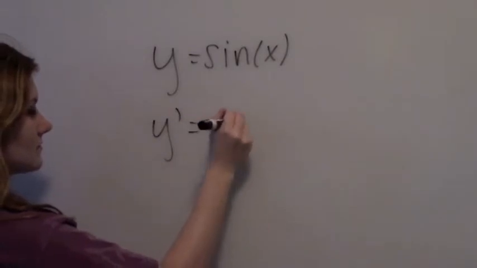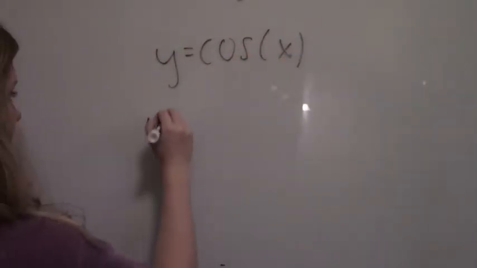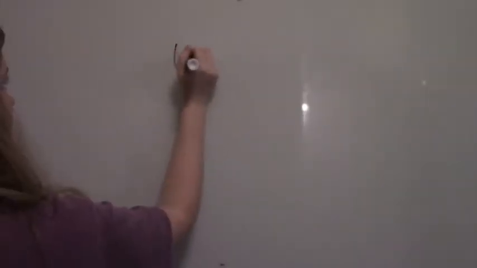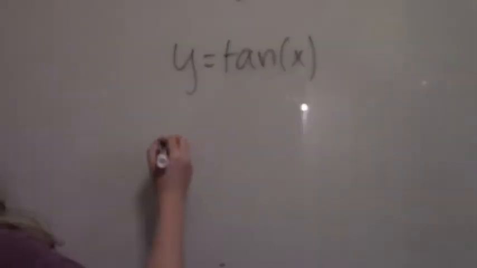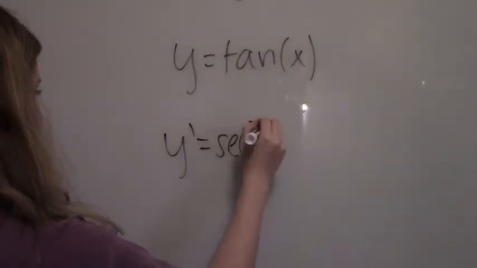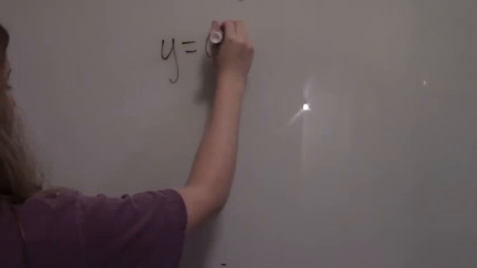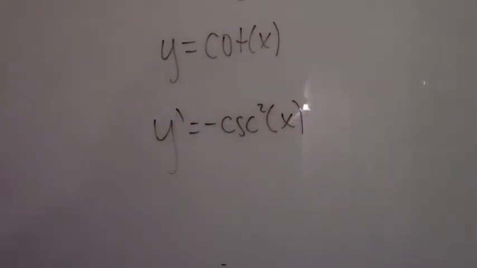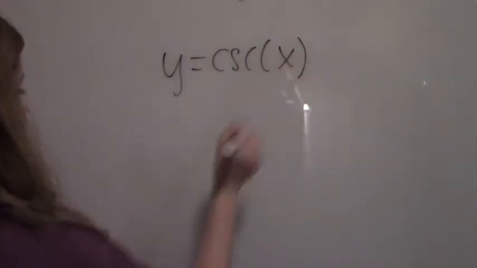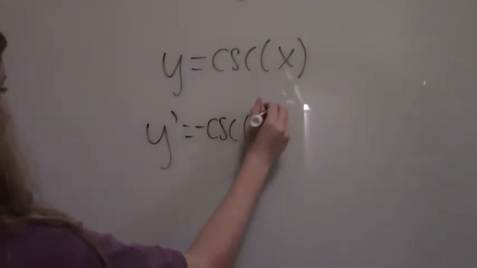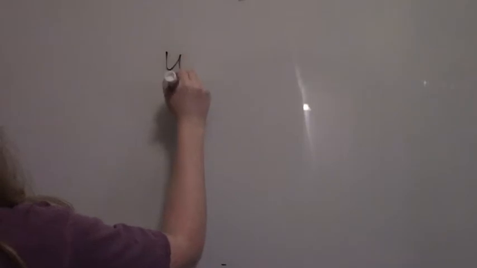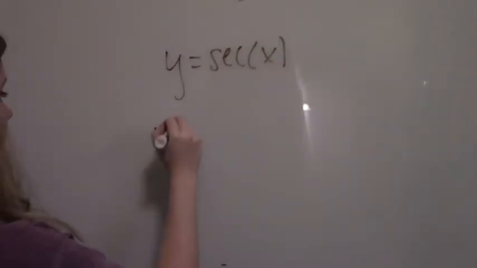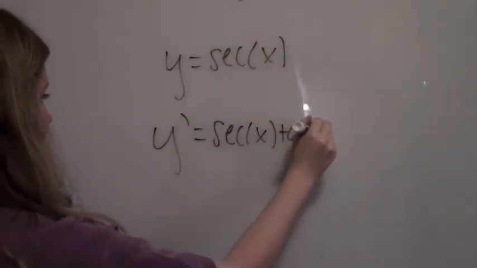Let's start with sine. The derivative is just cosine, and for cosine, the derivative is negative sine, and for tangent, the derivative is just secant squared. Now let's look at cotangent. Kind of similar, just a little different. The derivative is negative cosecant squared. Now let's look at cosecant and secant. Again, kind of similar, but kind of different. For cosecant, it's negative cosecant cotangent, and for secant, it's secant tangent.